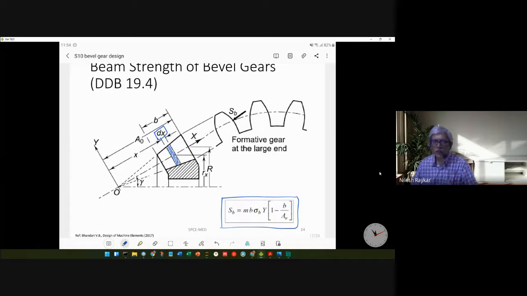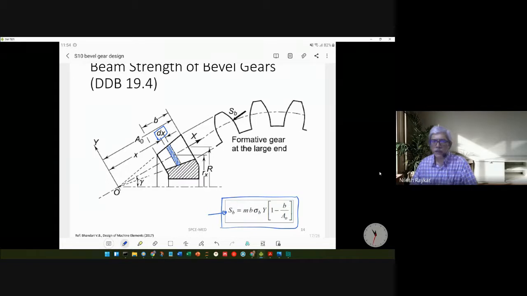What the logic by which we are going to develop this beam strength is as follows. We will use the spur gear formula, that is the Lewis formula for the spur gear, to calculate the beam strength of this small slice. So this small slice, when it is projected on the formative plane, it will be a spur gear.